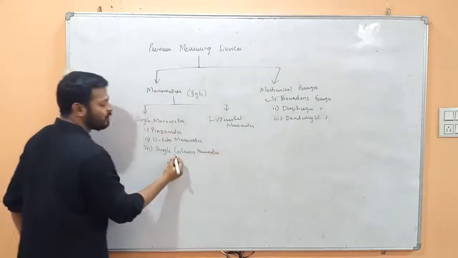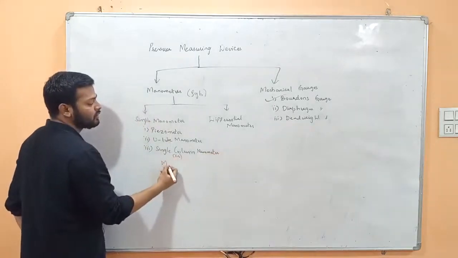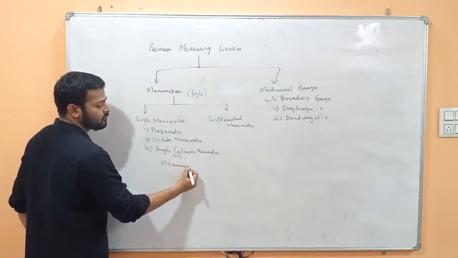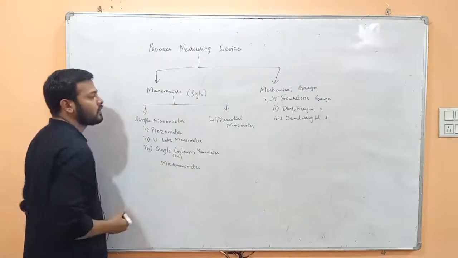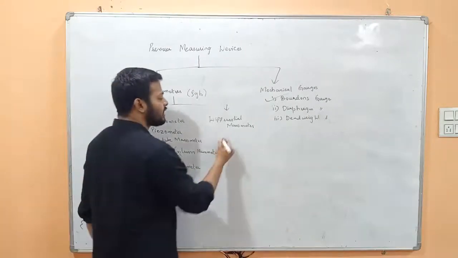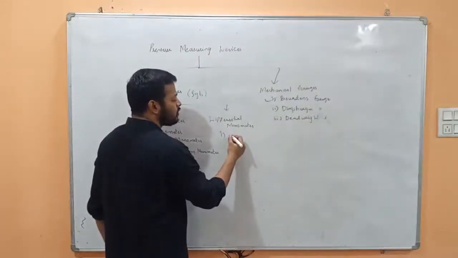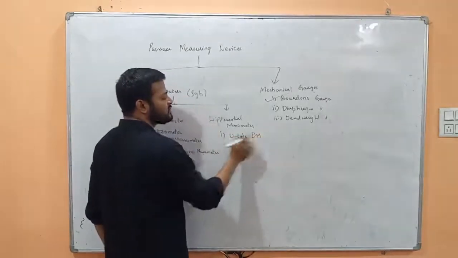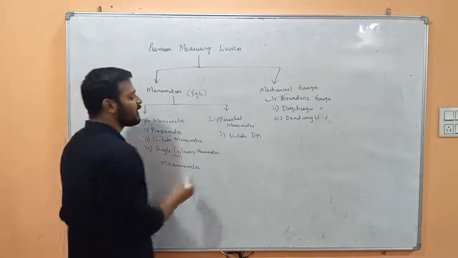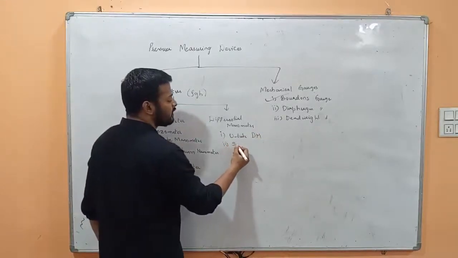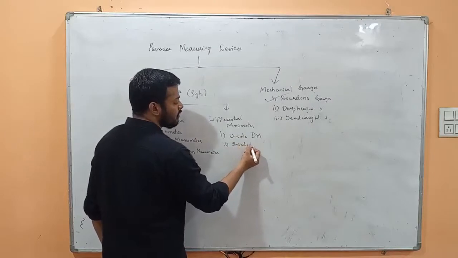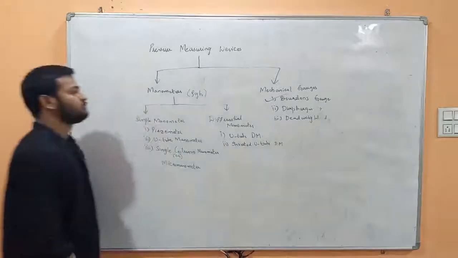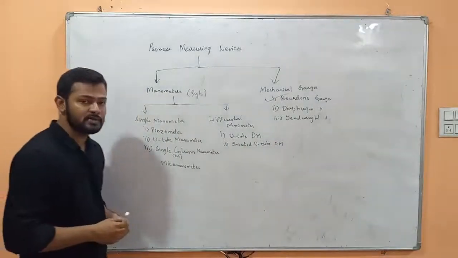The single column manometer is also called a micromanometer. In differential manometers we have again some types: the U-tube differential manometer, where DM means differential manometer, and the second type is the inverted U-tube differential manometer. So these are all the types of pressure measuring devices.